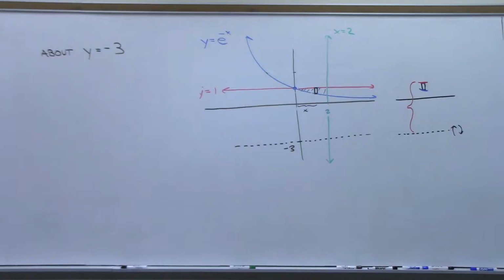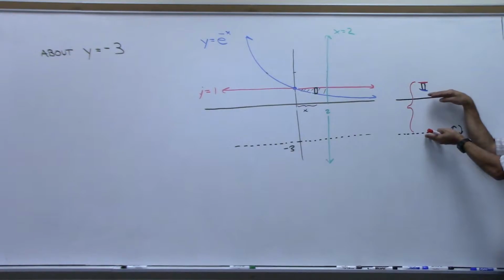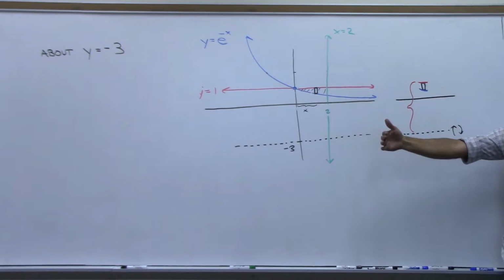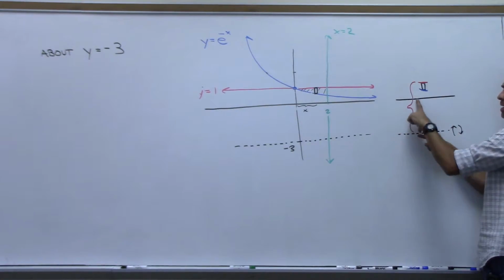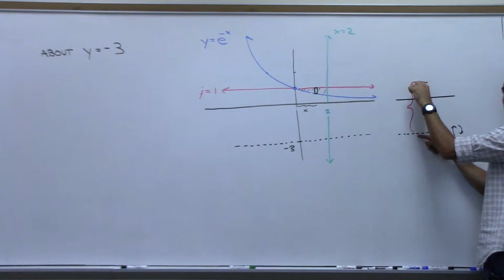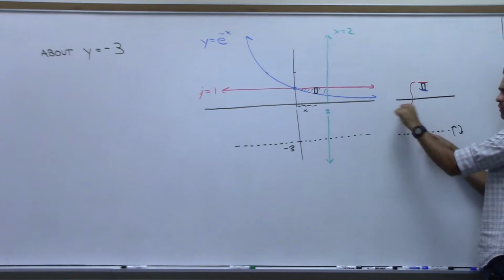Yes. How far away is that red edge? 4 units. See, I agree that this is -3, but we're looking at a distance here, aren't we? So the distance from here to that edge is 3 plus 1 because it was constant, wasn't it? 1. So that's 4.